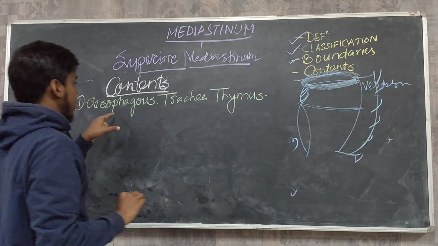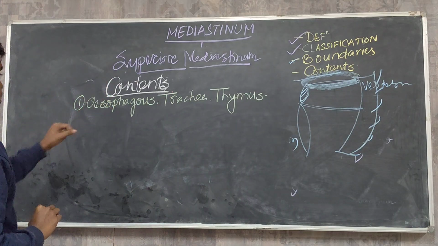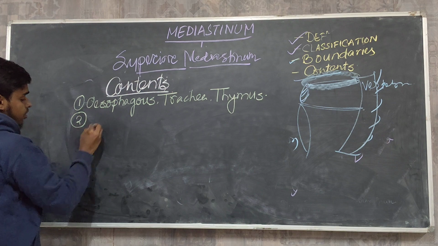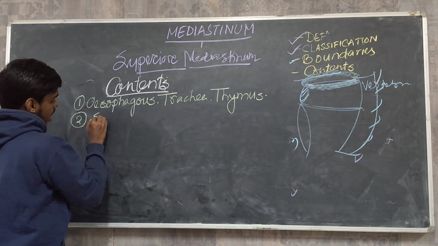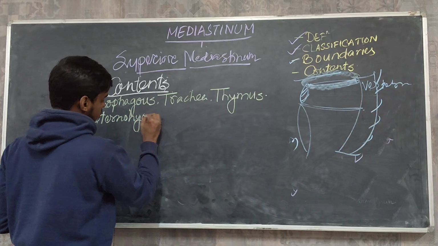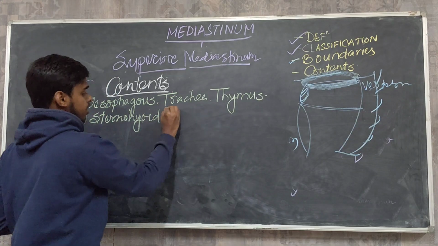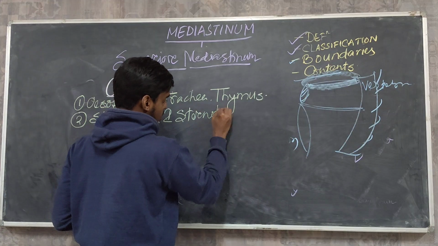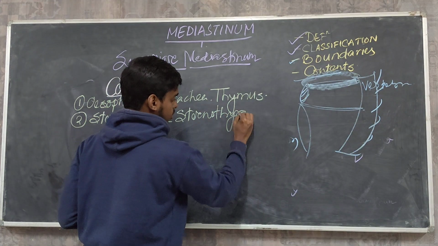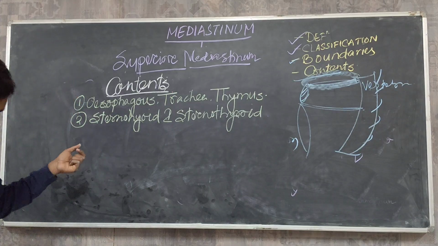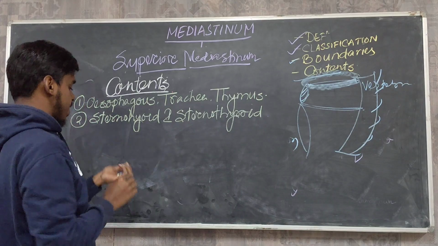These are the structures which pass through the superior mediastinum, and there are some muscles: sternohyoid and sternothyroid. These are the muscles which pass through the superior mediastinum.